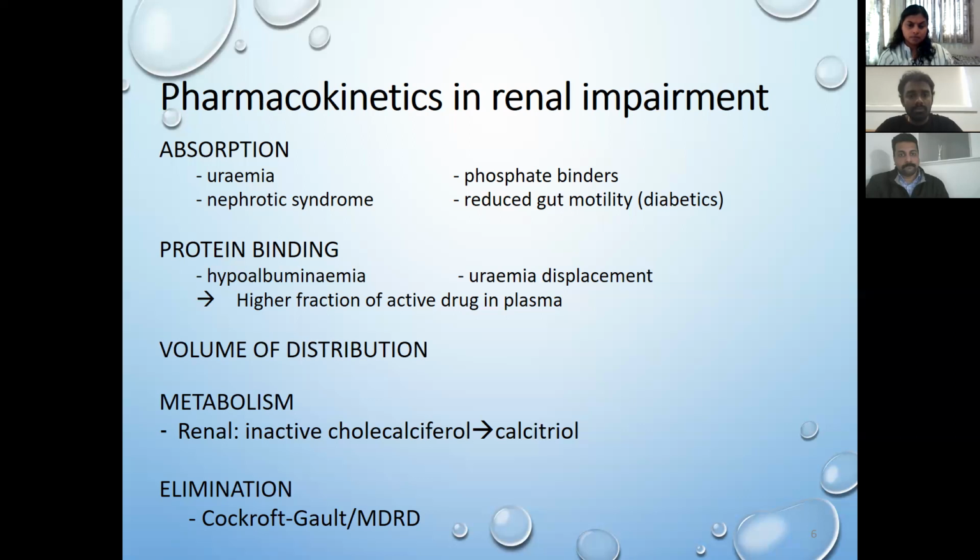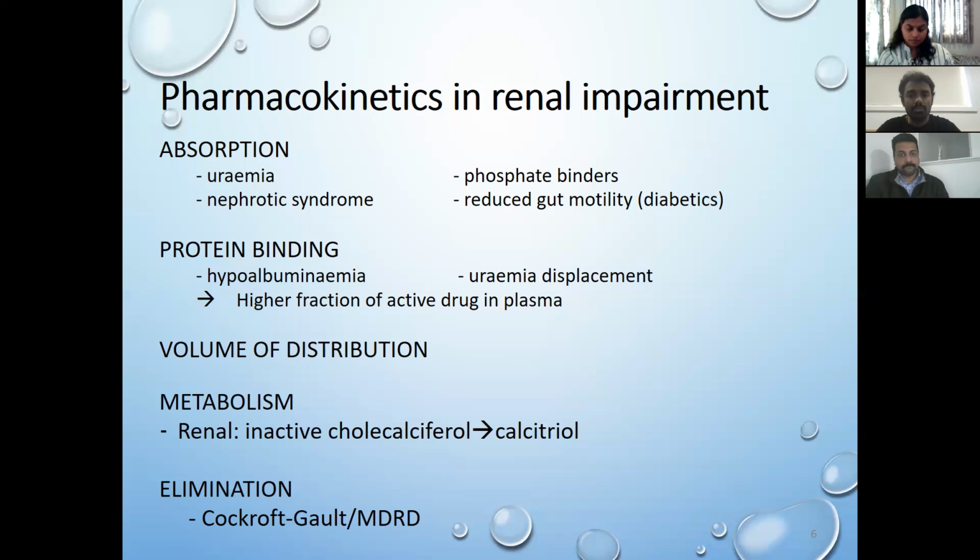So we know that in end-stage renal disease, drugs may accumulate because they can't be cleared via glomerular filtration and also because of decreased renal tubular secretion, which are the two mechanisms by which kidneys clear medicines, drugs and other compounds from the body.